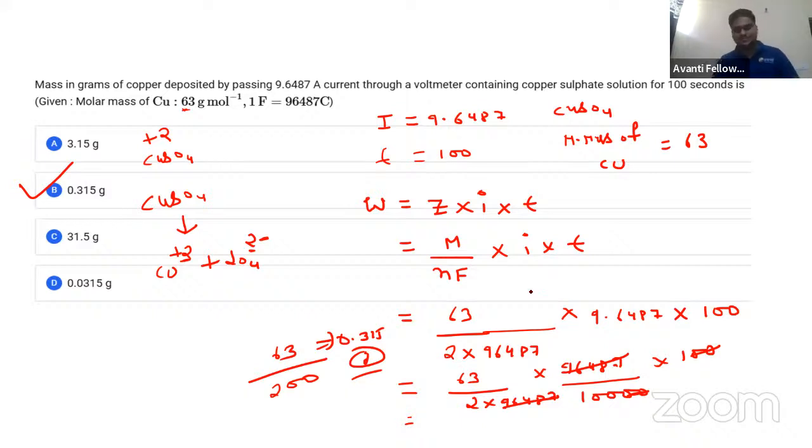Now the value of F is already given, 96487. Just put the value. Now I is given and T is given. After that we just solve this. 96487 cancels with 96487, 100 comes down, and 20 cancels with 20. So 63 divided by 200 comes out to be 0.315 gram.